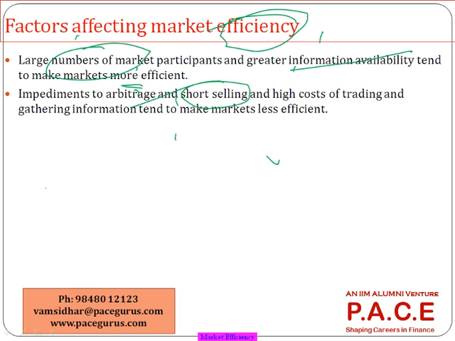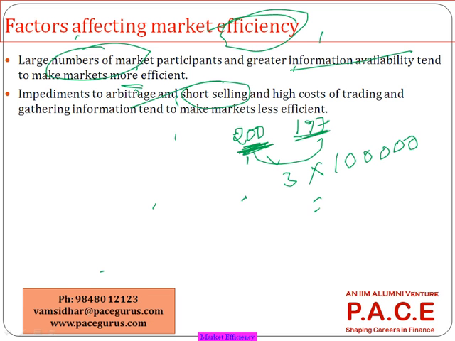Right? So let's say probably a stock is available for 200 rupees on BSE and 197 rupees on NSE. Probably a person could have immediately thought of, why not sell here, buy here immediately and make a 3 rupees profit, multiply it with probably 1 lakh shares, make a 3 lakhs profit.